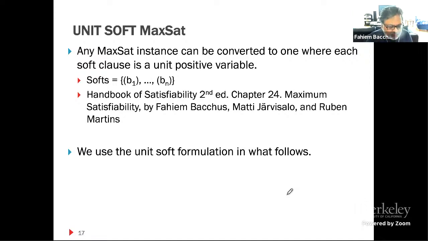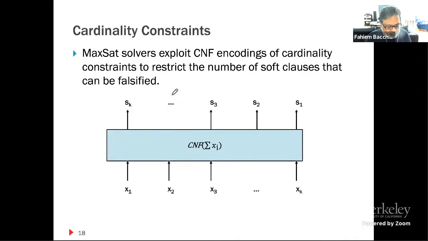And this transformation, for example, is described in our handbook chapter on MaxSat that I wrote with Matthew Jaroslavo and Ruben Martins. So then the softs always look like this. They're always unit clauses over positive variables. So we're going to use that in what follows.